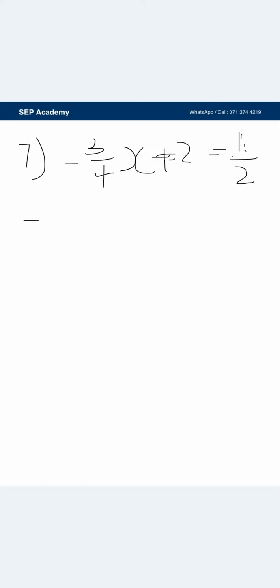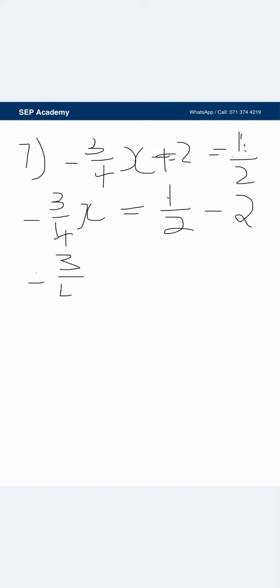Again, this negative 3 over 4x, I will just leave it on the left hand side. Then I will take that 2 to the other side. Definitely, it will have to change its sign. And then you now have your negative 3 over 4x, which will be equal to half minus 2.